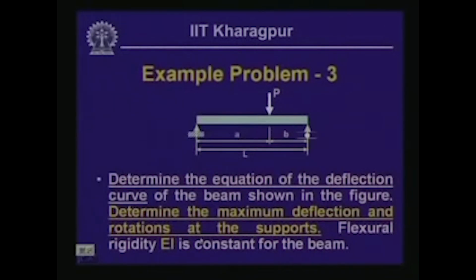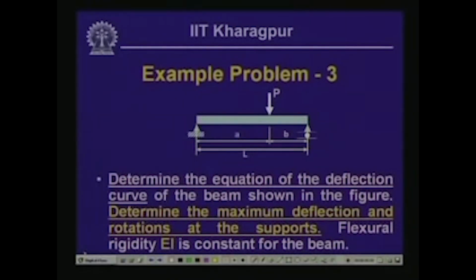Now, let us look into another problem where the beam supports are identical, that means we have a hinge support over here and a roller support here, but instead of a uniformly distributed load we have a concentrated load P. To make this evaluation of the deflection curve a general one, the load is placed not symmetrically, but in an unsymmetric form.